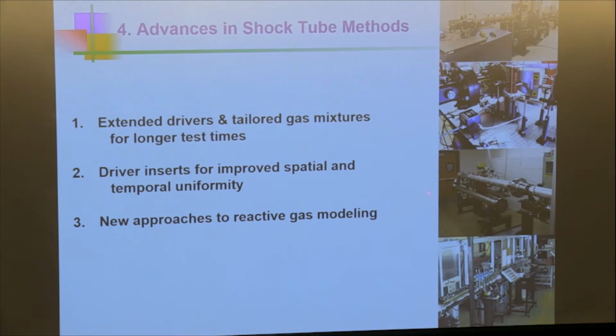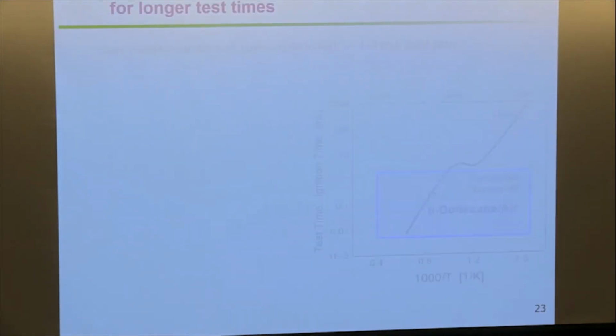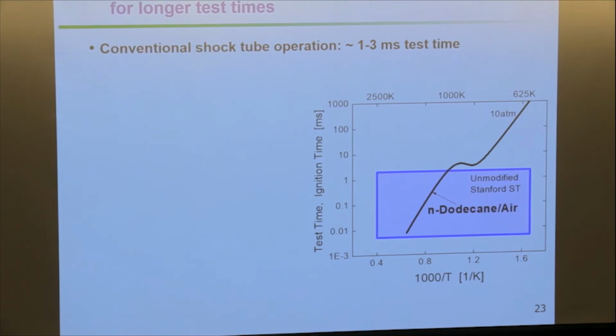And one of the fixes is right here. Here's a plot of the test time capability of a standard, unmodified shock tube versus temperature. Basically, you get up to 2, 3, 4 milliseconds of test time. Here's the ignition delay time of n-dodecane.